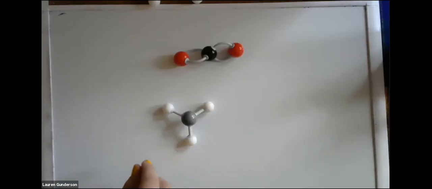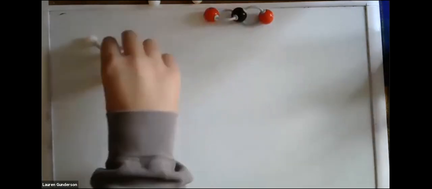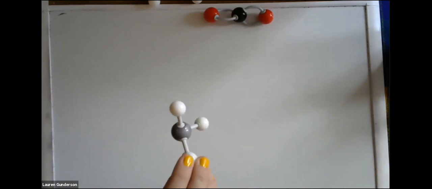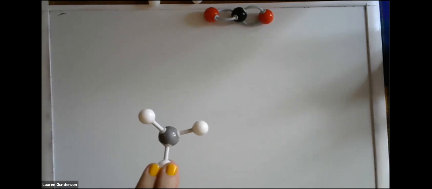So here are our first 2 groups that we're looking at. This would represent our linear. You see it makes a straight line. This is our trigonal planar. Now this is our perfect electron geometry, so everything's spaced out exactly 120 degrees from one another.